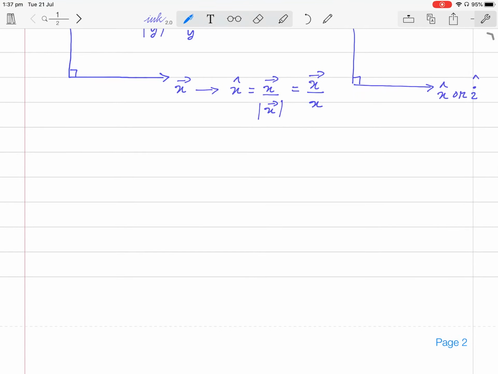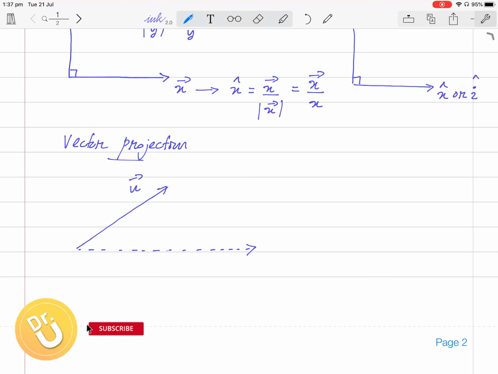Now, we will think about vector projection. What is vector projection? Suppose we have this u vector, and here we have p vector.